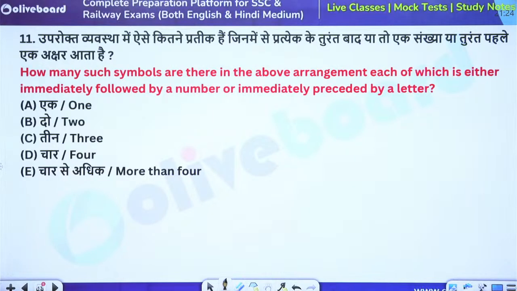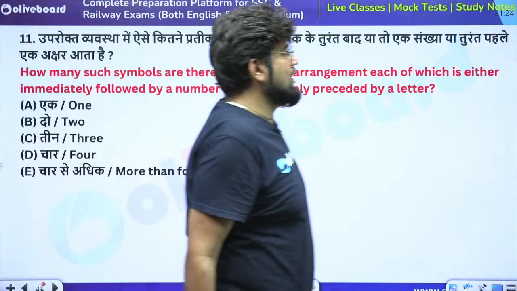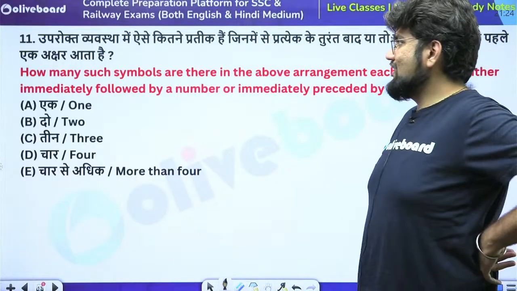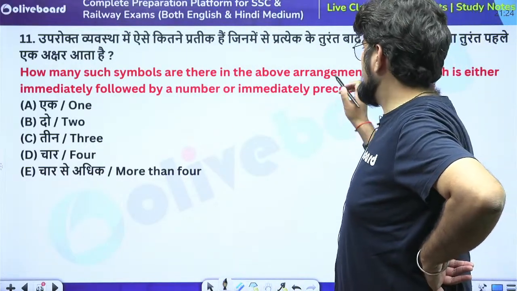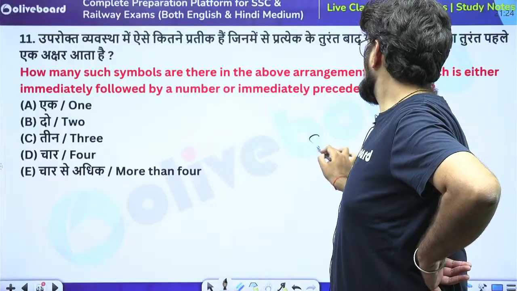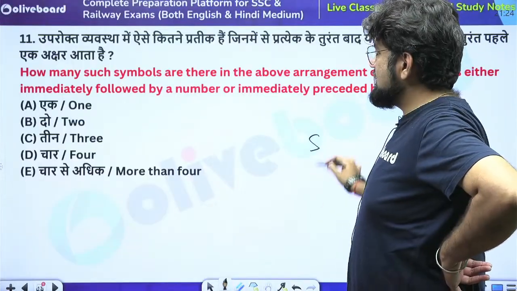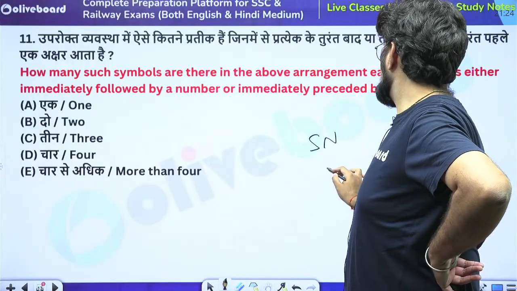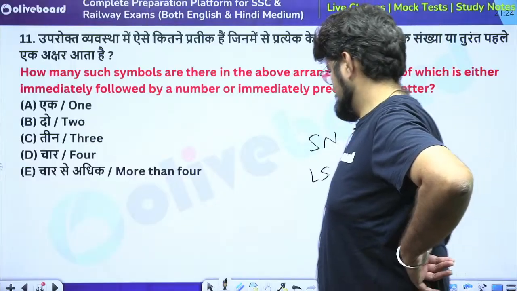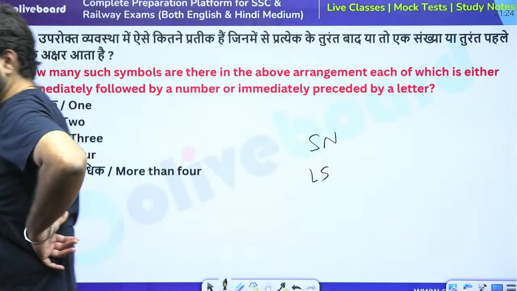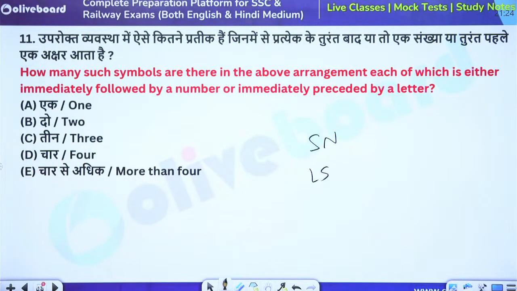How many such symbols are there in the above arrangement, each of which is either immediately followed by a number or immediately preceded by a letter? Letter symbol or symbol number? Number after symbol, letter before symbol.